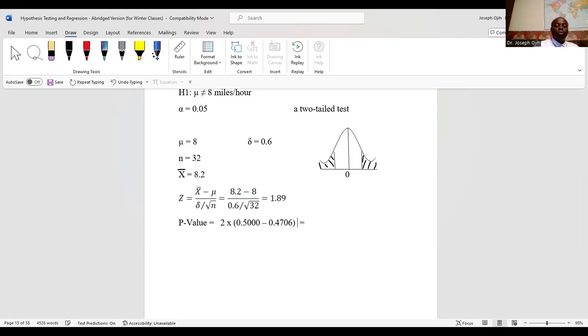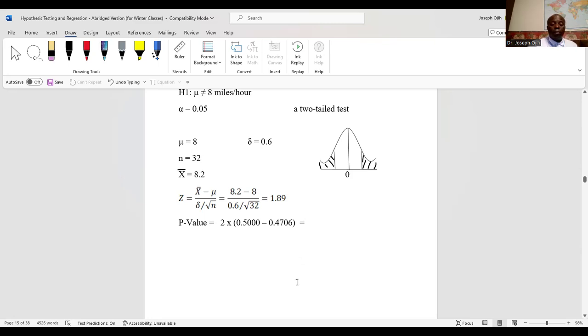But because it is two tails, it's 2 times this answer. So let me write this down. P-value equals 2 times (0.5 minus 0.4706), because it's two sides, two tails.